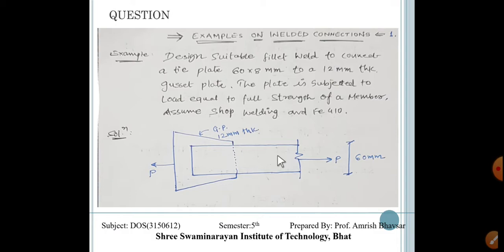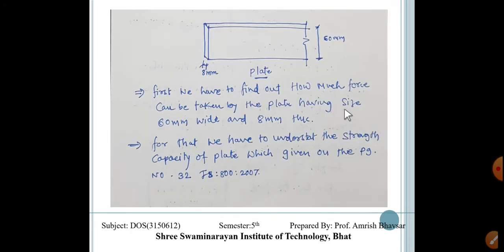So for that we have to go to IS 800 on page number 32. In that case we have discussed the equation for finding out the capacity of that plate. So this is our plate, 60 mm width and 8 mm thick. Now for this plate we have to find out the strength, means how much force it can take.